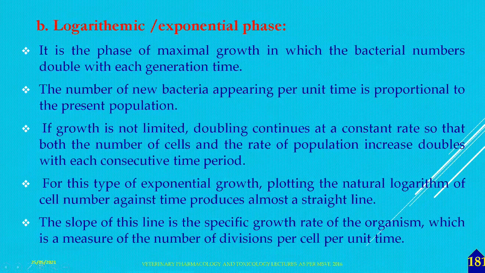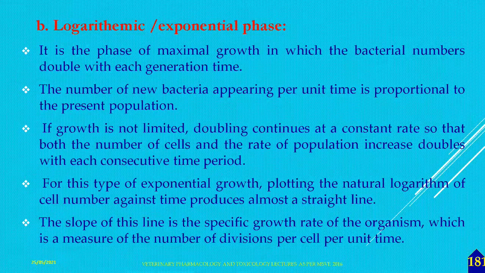The logarithmic or exponential phase is the phase of maximal growth in bacterial numbers, doubling each generation time. Here very fast development of the bacteria will be present. The number of new bacteria appearing per unit time is proportional to the present population, so the growth is not limited, doubling continuously at a constant rate, so that both the number of cells and the rate of population increase double with each consecutive time period.